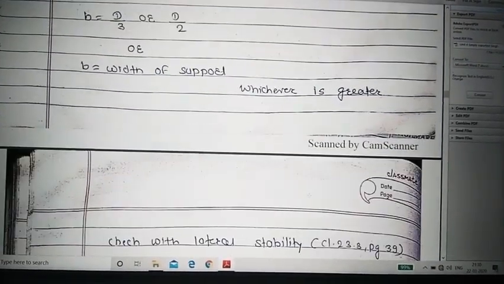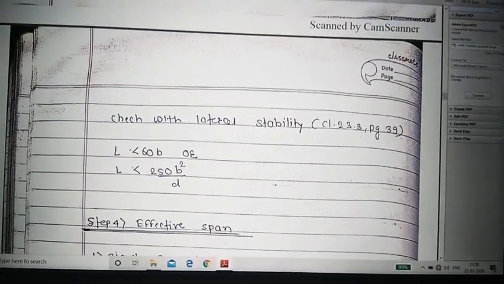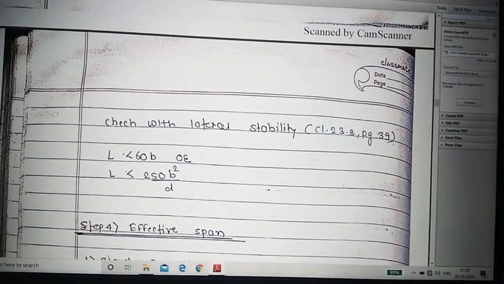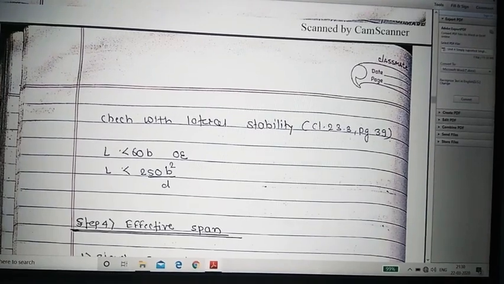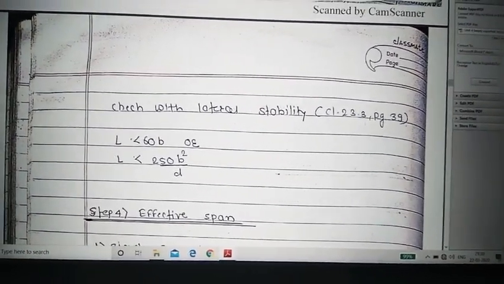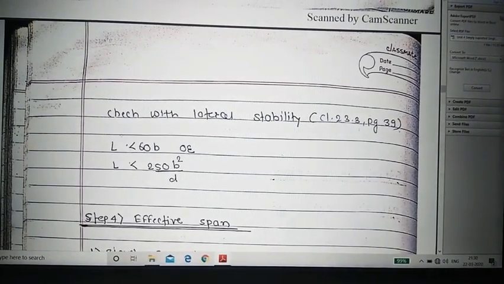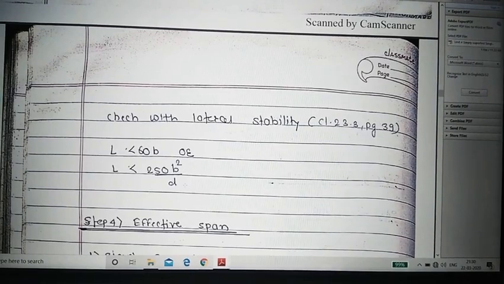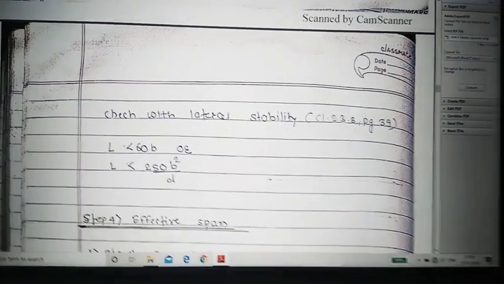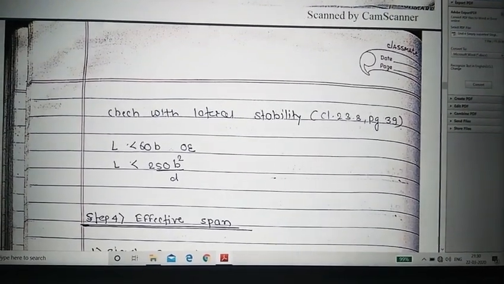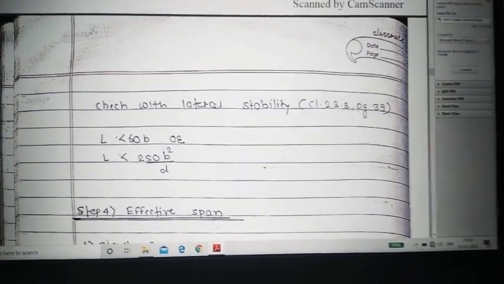of beam. Once you calculate the width of beam, then check that width for the lateral stability, and this formula is given in clause 23.3, page number 39 of IS 456. So calculate L by using this 60b or 250b square by d formula, but whatever value of L you calculate should be less than your given span of beam.